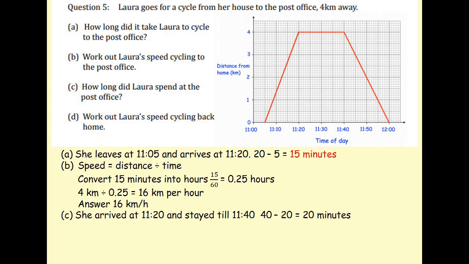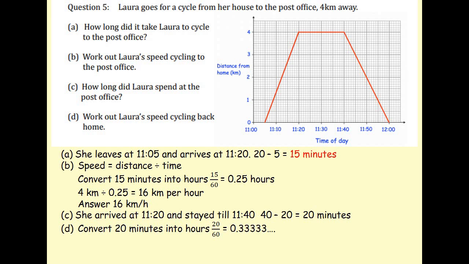And the last question asks us to work out her speed going back home. So she leaves at 11:40 and arrives at 12 o'clock. That's 20 minutes, and we want to turn that into hours. Like we talked about previously, we want our answer for speed to be in kilometres per hour.